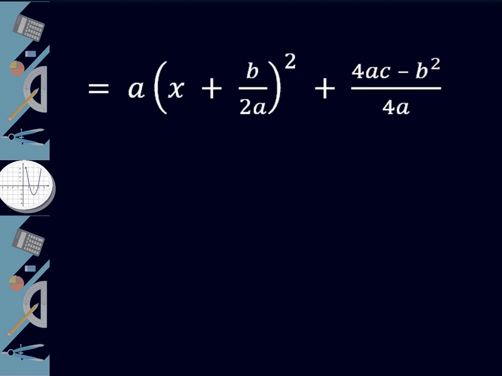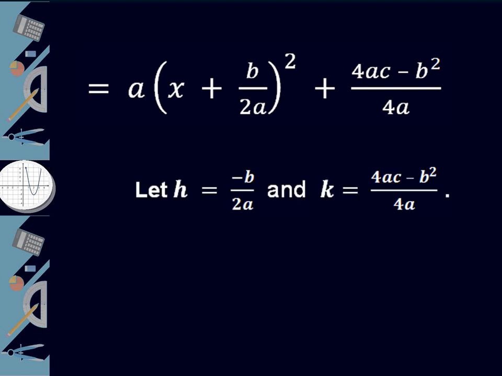We then express the perfect square trinomial inside the parentheses, the one that we had in the previous slide, as the square of a binomial. So we have a times the quantity x plus b over 2a squared plus 4ac minus b squared.